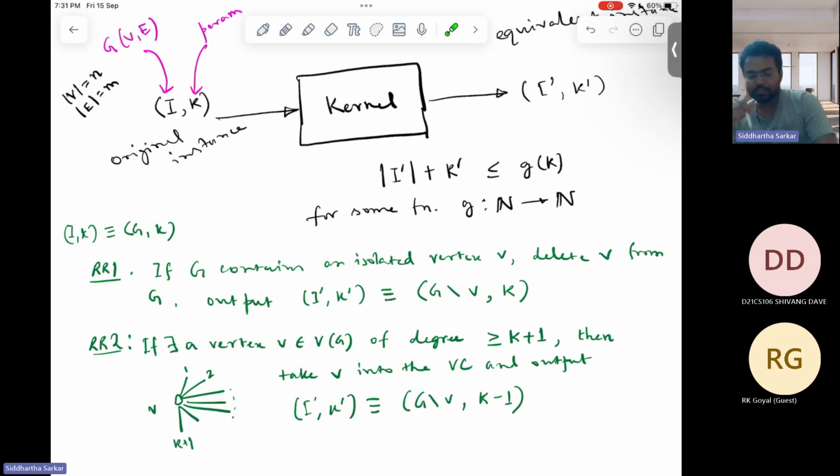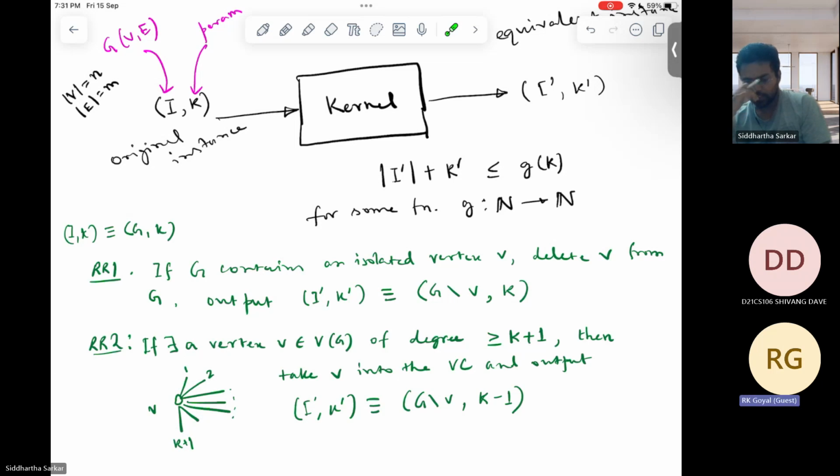So the condition is implemented to make sure that we do include all the vertices of degree k plus 1 or more. Otherwise we will not be able to satisfy this condition.